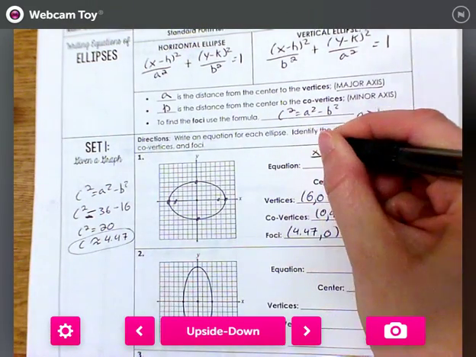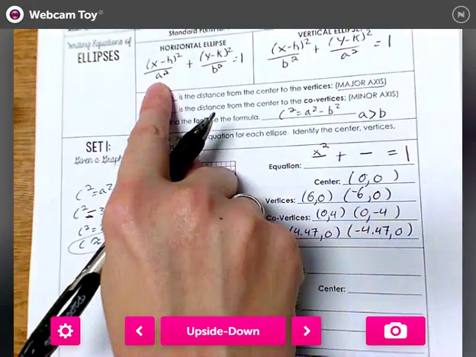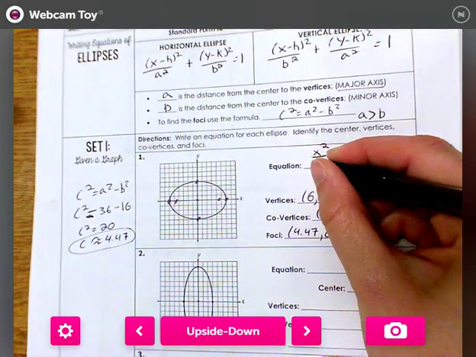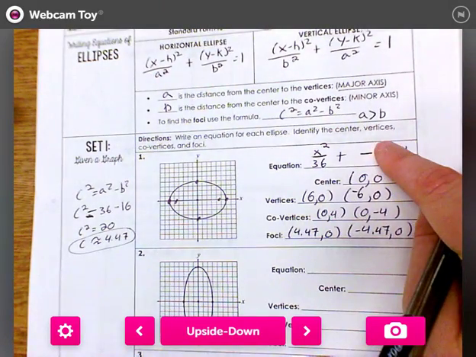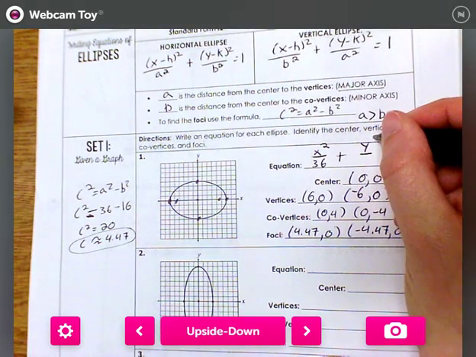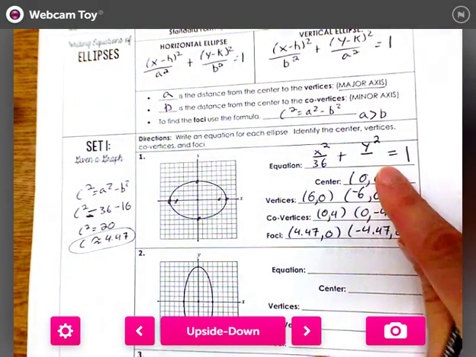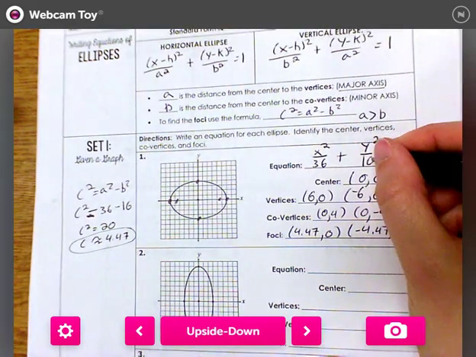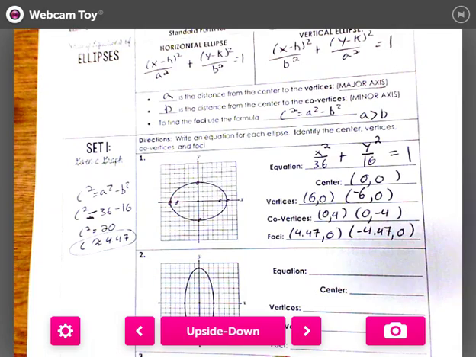And then a squared goes on the bottom. Well, my a right here is 6, so 6 squared is 36. What goes on the top here? y. Make sure you have it squared. And what goes on the bottom? 16. Good. That was the quietest 16 ever.